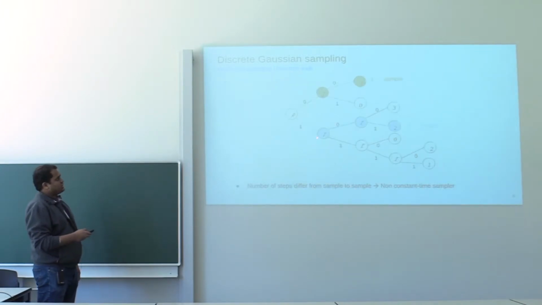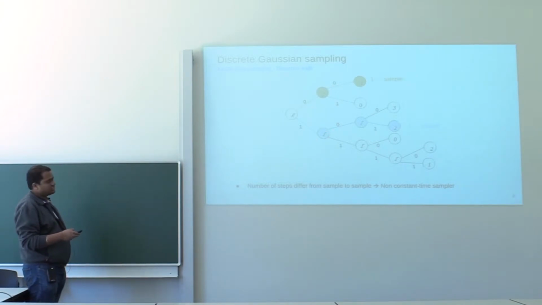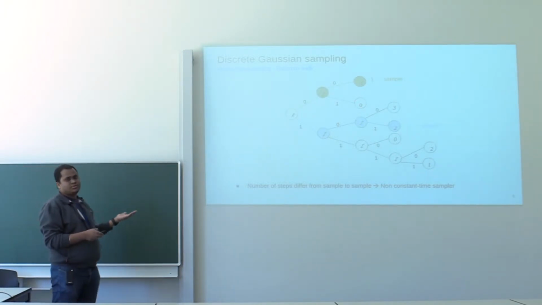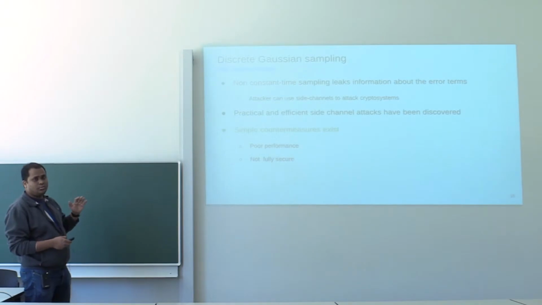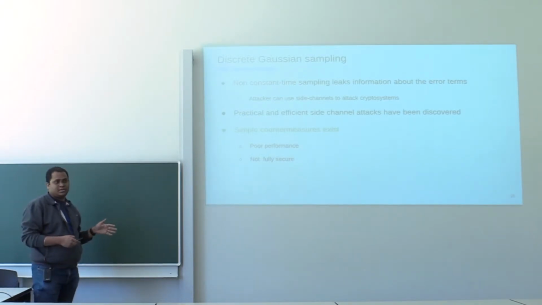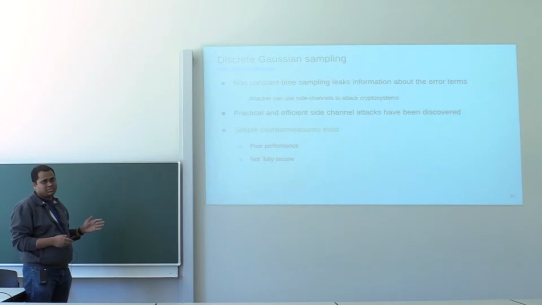But let's consider these two random walks marked in green and blue. You can clearly see that the number of steps to generate these two samples is different. So it leads to a non-constant time sampler. It turns out that almost all the discrete Gaussian samplers used today run in non-constant time.